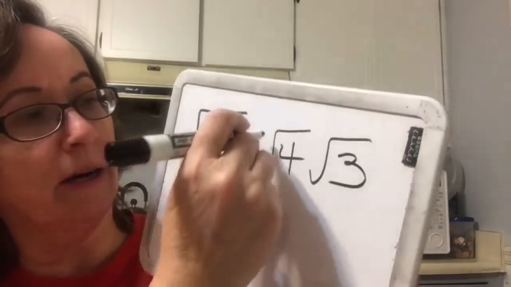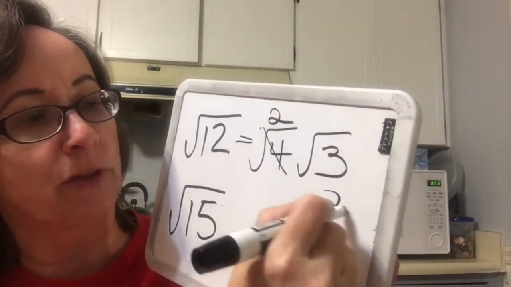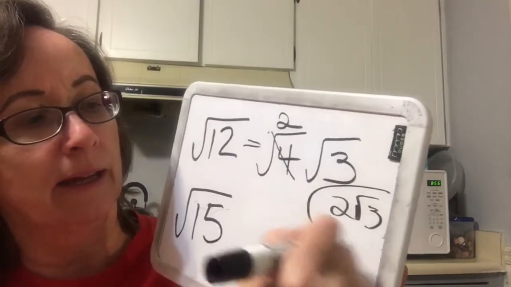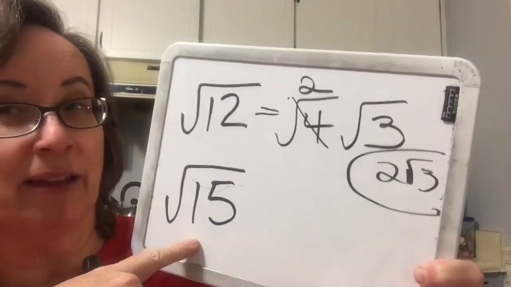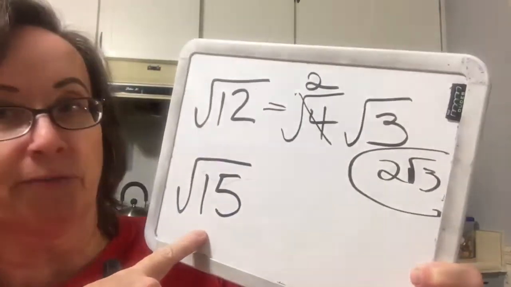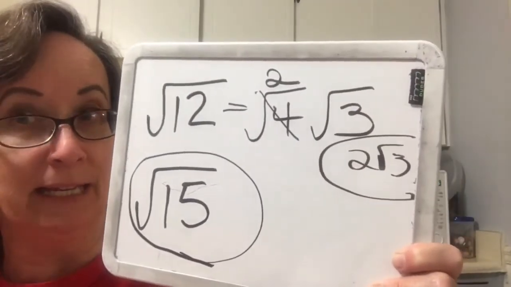The square root of 4 becomes the 2 outside the radical, so we wind up with 2 square root of 3 as our answer. Square root of 15, there are no perfect squares in the square root of 15, so that one cannot be simplified any further.